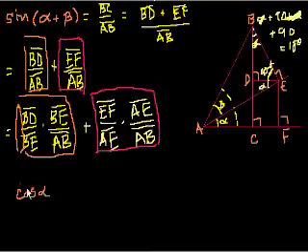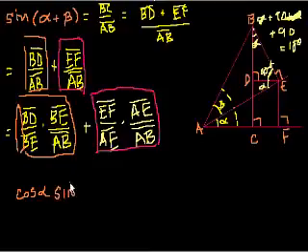And what's BE over AB? If we look at this larger right triangle, that is the opposite of the angle beta over its hypotenuse. So, SOH, sine. So sine of beta is BE over AB. So this is sine of beta.